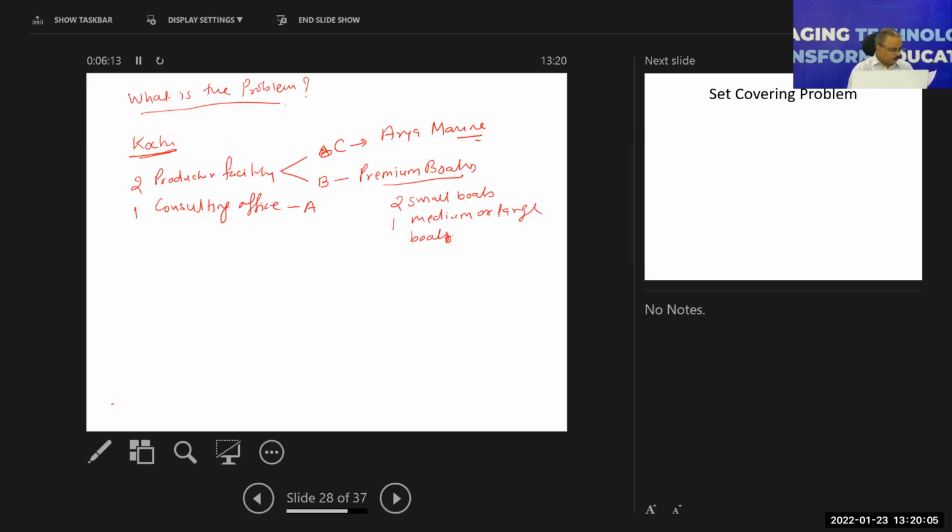And in Exhibit 2, you can see that the distance in terms of the number of trips between the facilities is given. If you look at Exhibit 2, the upper triangular matrix, A to B is 30 trips, A to C is 12 trips, and facility A is the consulting office, and B and C are the manufacturing facilities. So from A to B there are 30 trips.